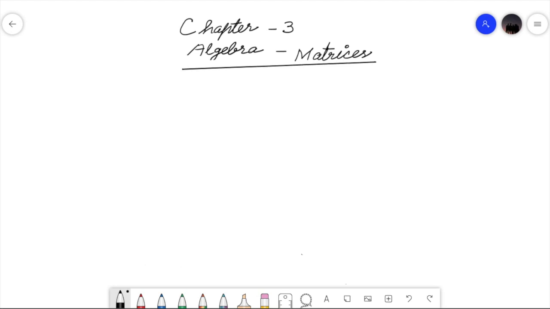Here, matrix is a rectangular array of elements. What is matrix? Matrix is a rectangular array of elements. The horizontal arrangements are rows and the vertical arrangements are columns.